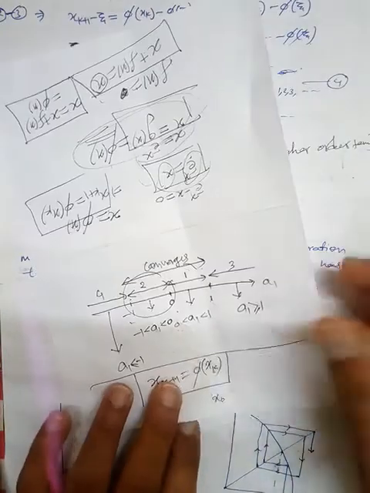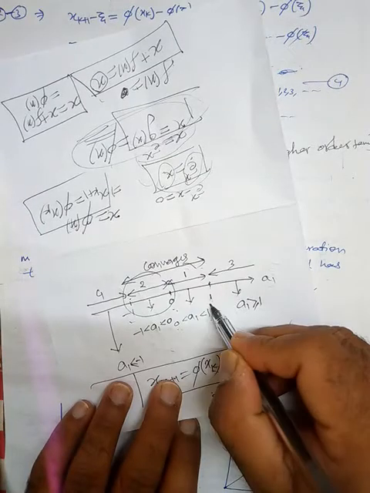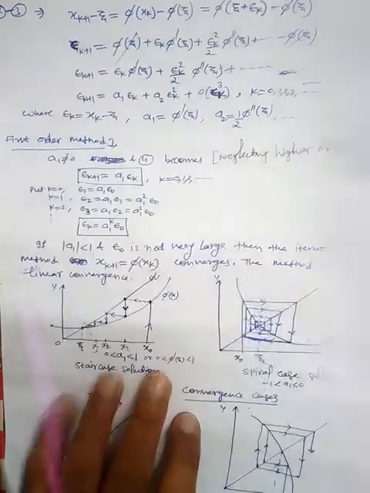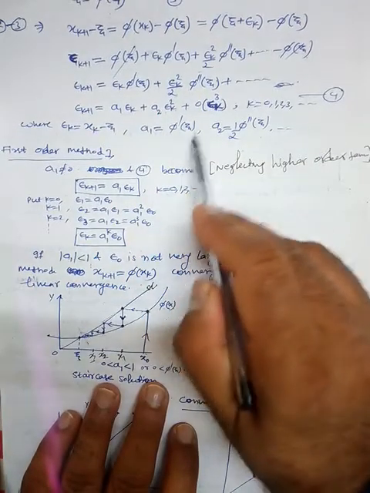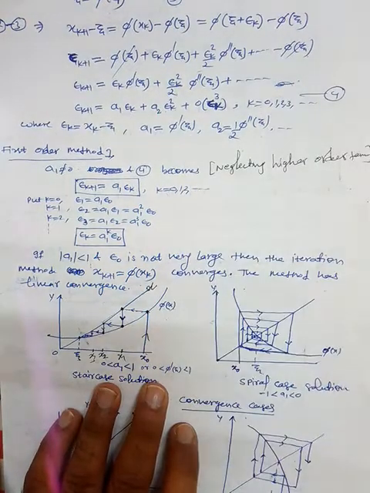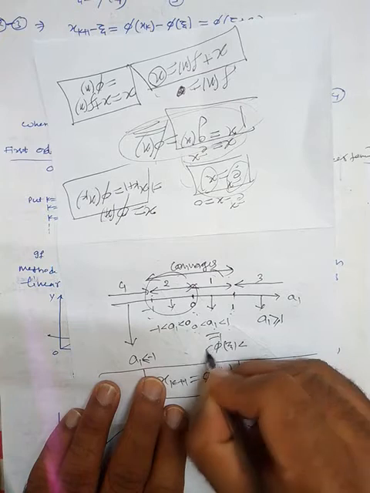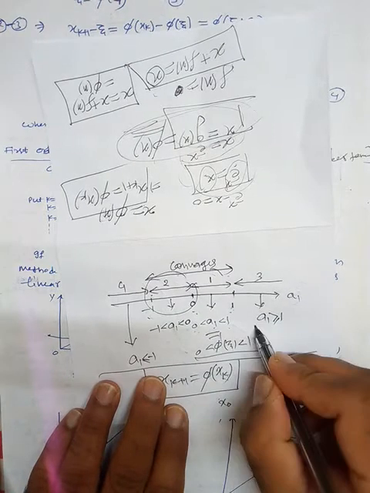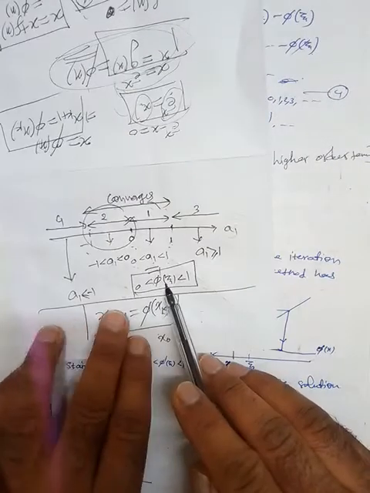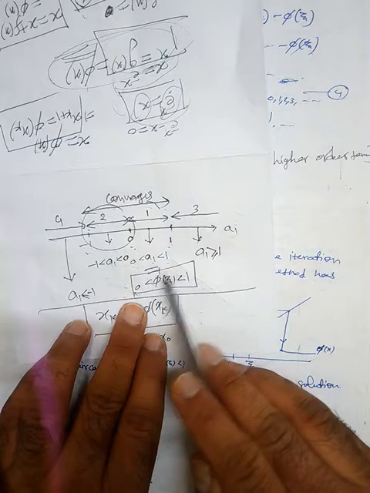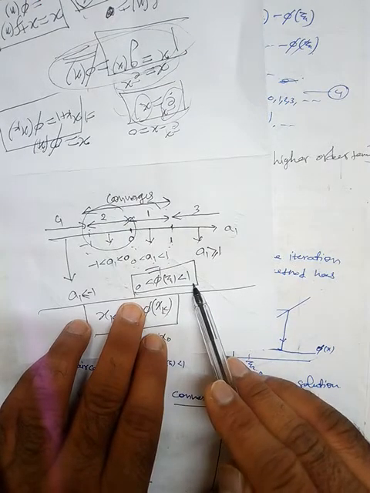Okay, what is the meaning of this? 0 to 1 means, what is a1 actually? A1 is this, phi dash xi. So phi dash xi is here. The derivative is actually in between 0 and 1. That means the value of the tangent, the slope, is in between 0 and 1.